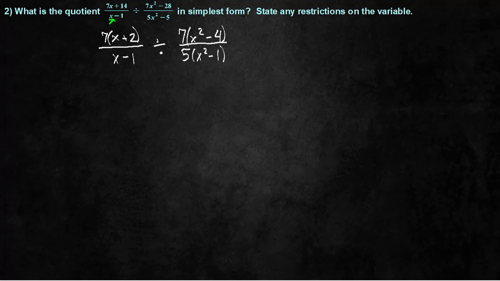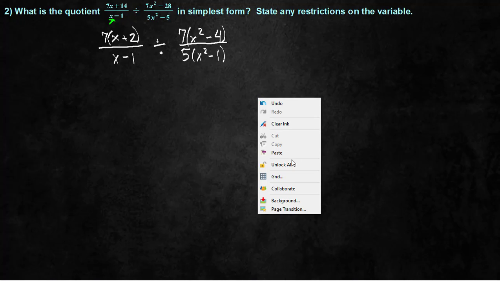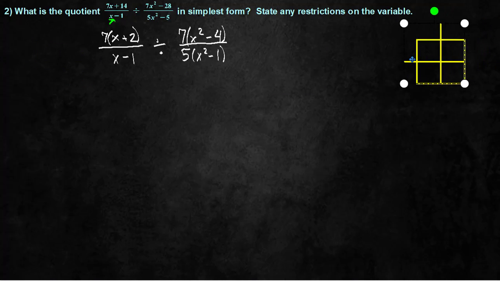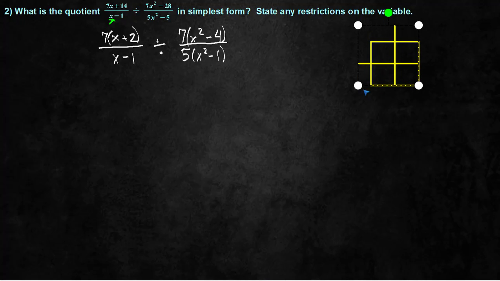Now we need to look at our quadratic terms. This is the difference of squares, so we're going to factor that using the box. We have our x squared here, our -4 here, and so that's -4x squared.